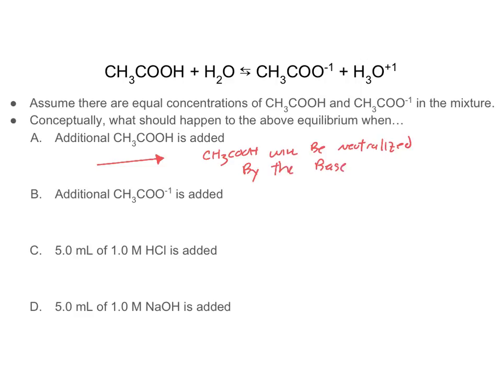Okay. Now, what if neutral, will, will, okay. I'll make that prettier, because if you can't read it. All right, what about we add more acetate ion? What's it going to do?